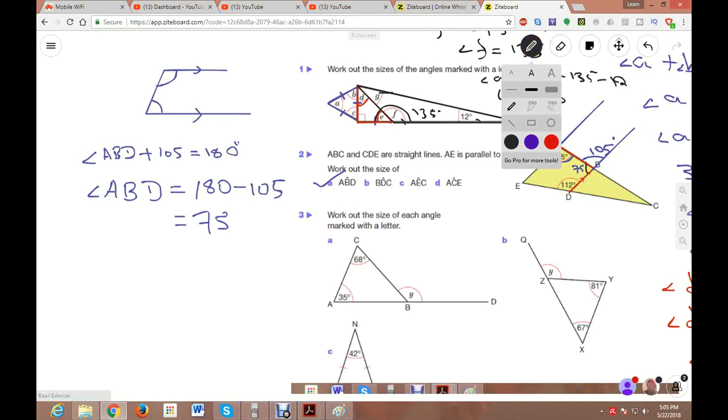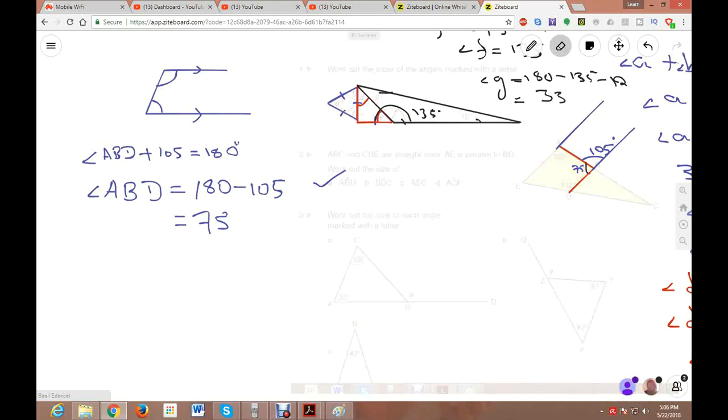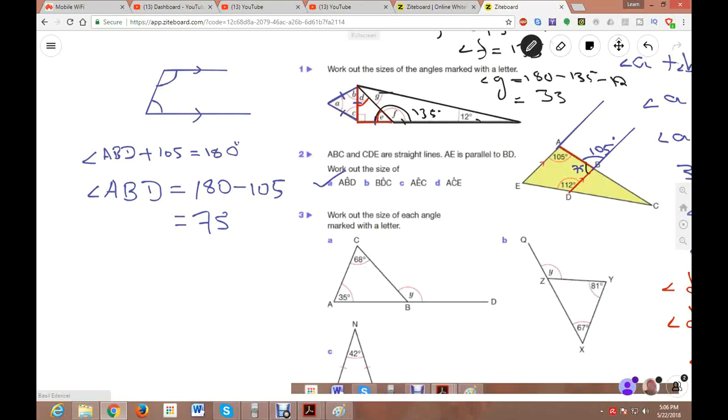Could you just highlight this BDC? Yes, this is the angle that we have to find out. So BDC is this angle that we have to find out.